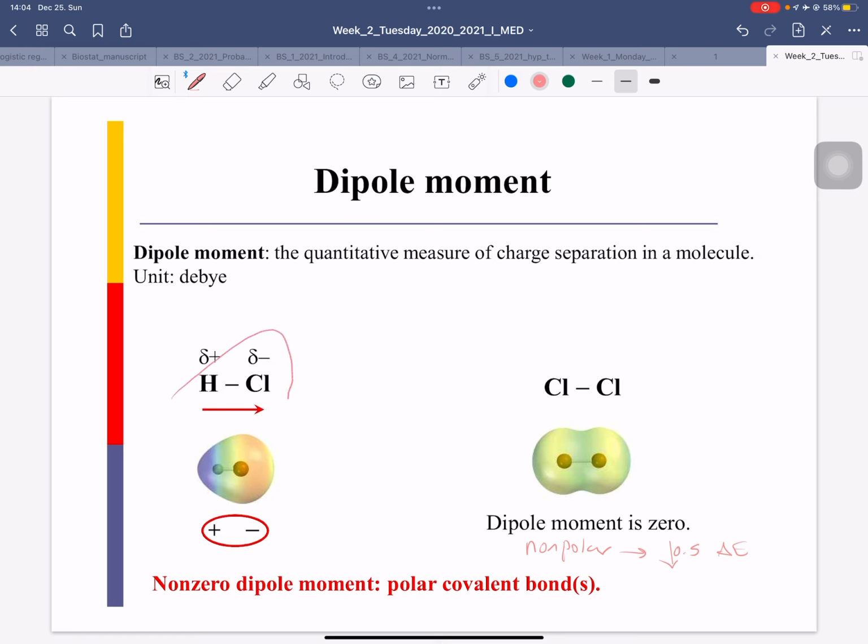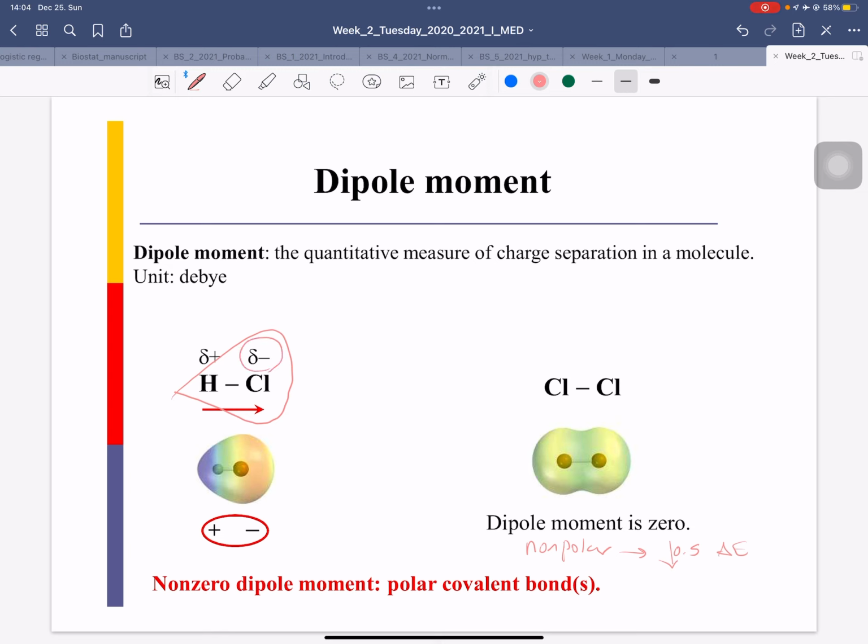In this case, the chlorine side has a partial negative charge and hydrogen a partial positive. The shape is asymmetric, and the molecule is polar.